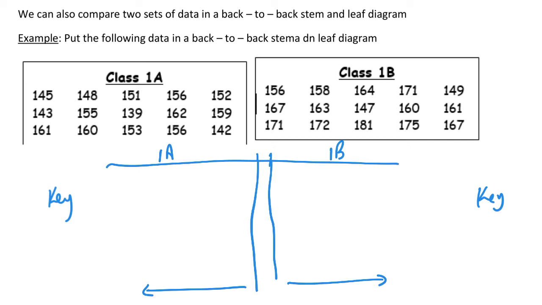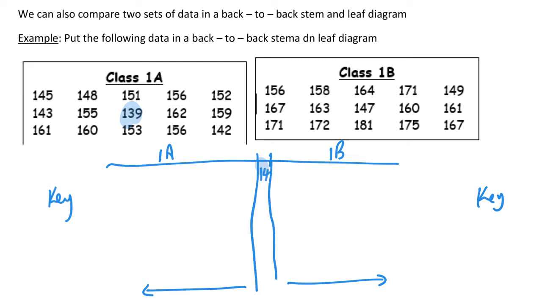Now looking through the data, we can see that the smallest number is going to be 140 something. The smallest value is actually 139. So whenever we're drawing this table, make sure you put in a 13 in here.